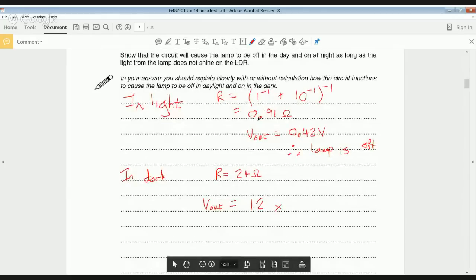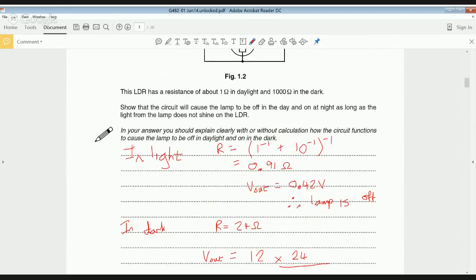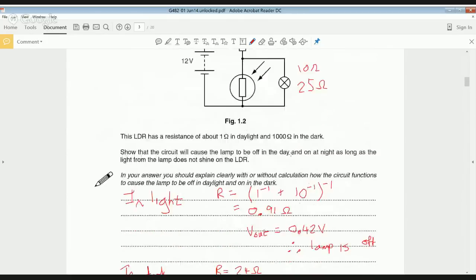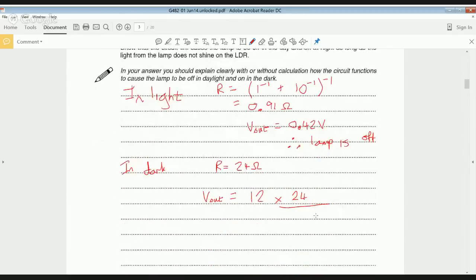In this case it is 24 ohms, divided by the R1, which here is 25 ohms plus 24, and that will give us a voltage of 5.9 volts, which should be enough to turn on the lamp. So the lamp is on.